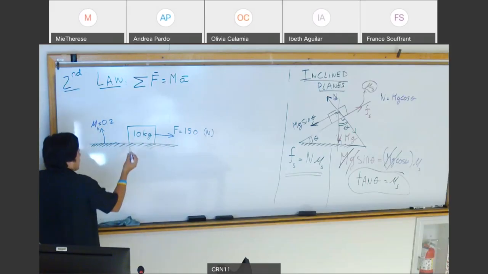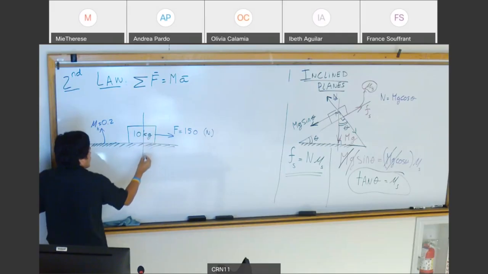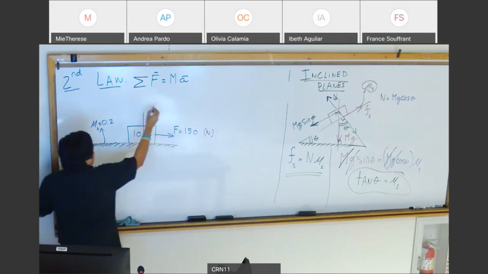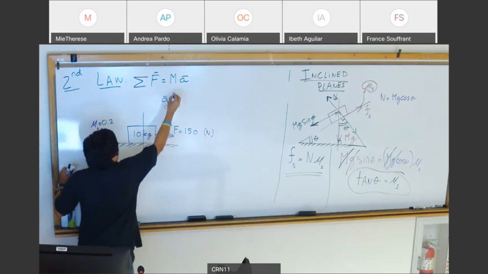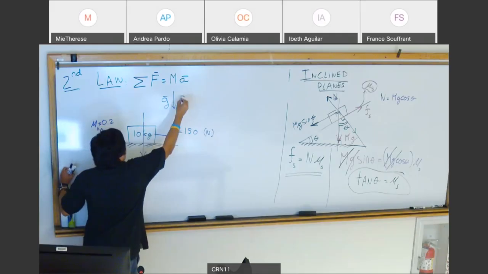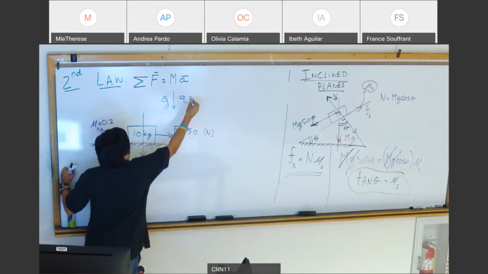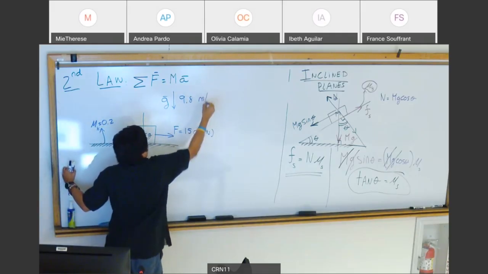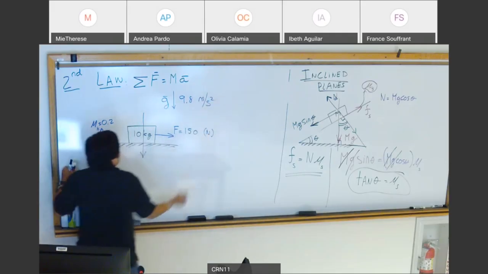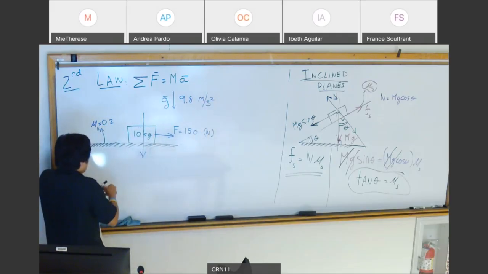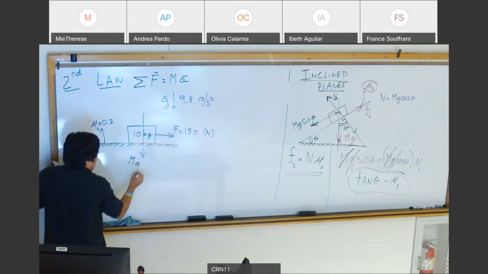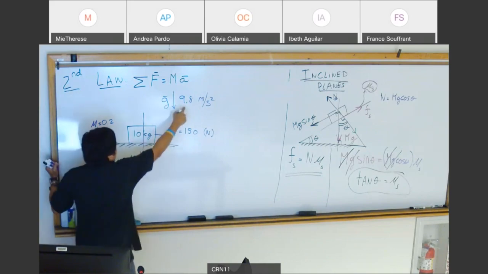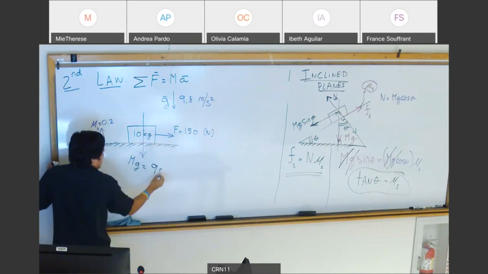So the only thing you have to do is mg. Now gravity is how much? 9.8 meters per second squared. So this is mg. 10 times 9.8, 98 newtons.